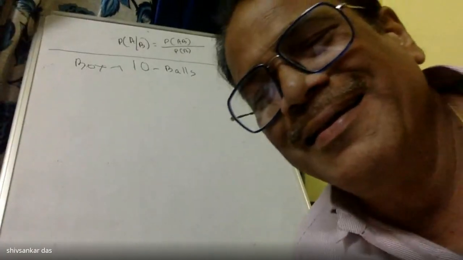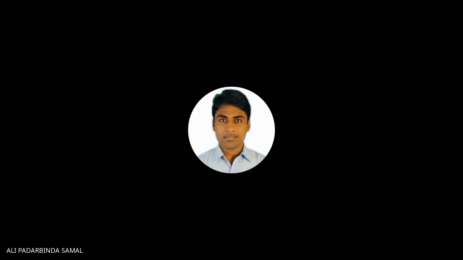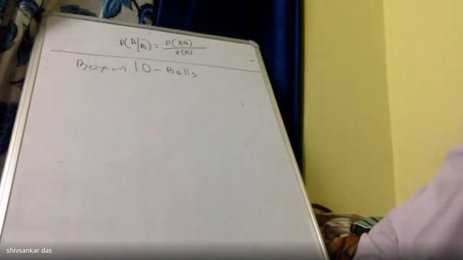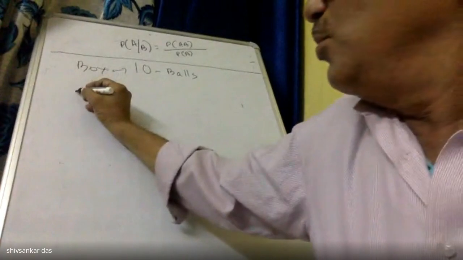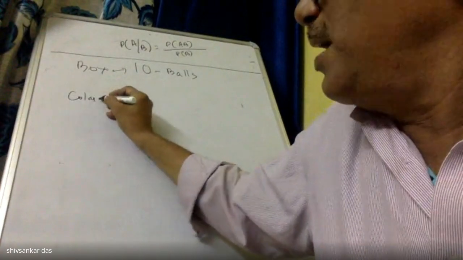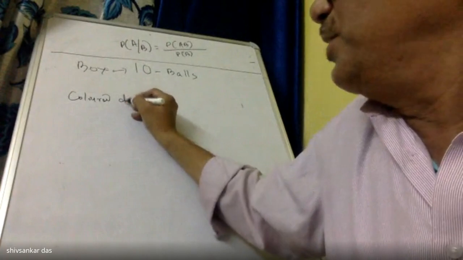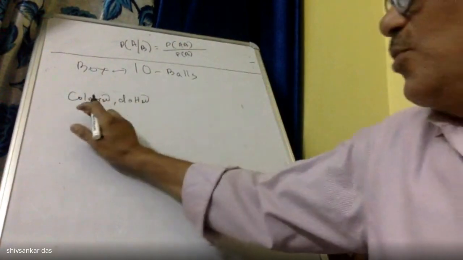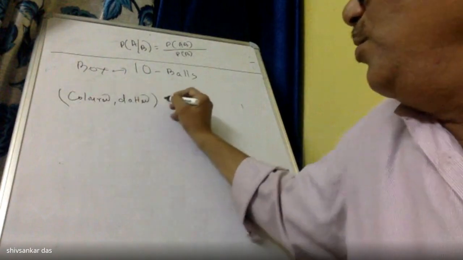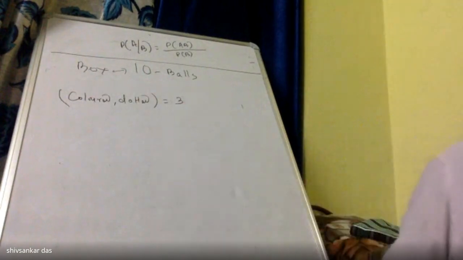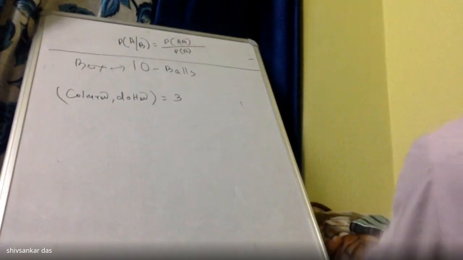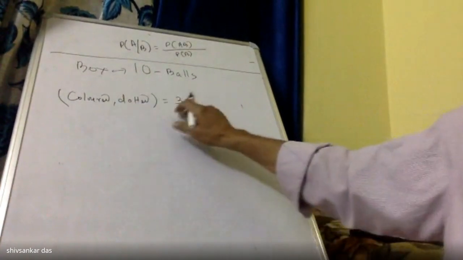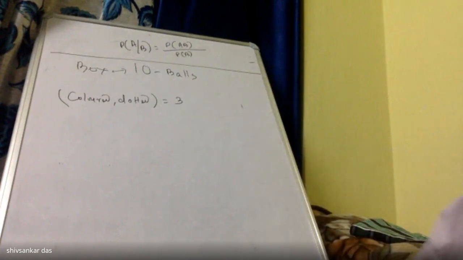Among 10 balls, colored and dotted, out of 10 balls, colored dotted ball was 3. Colored dotted was 3. Okay?